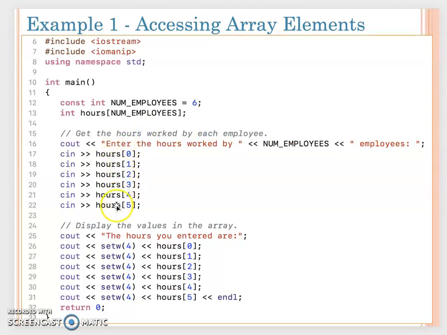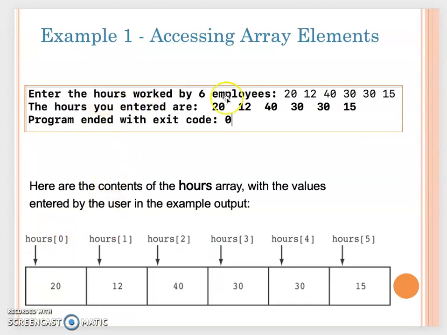After we get the user input, you can see we read it in one by one, because each array element works as an int variable. So we can get from user input and assign one by one. Then of course, after you're done, you can cout one by one. After you run this program in Cloud9, you will see a result like this.